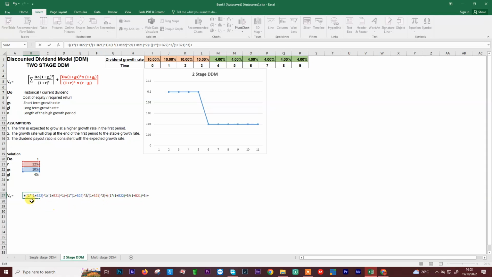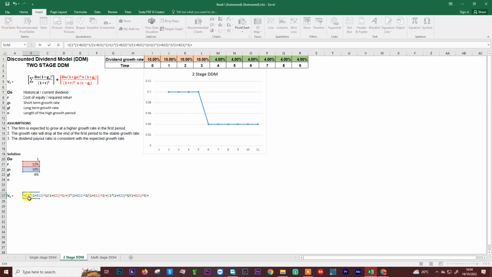I perhaps need to first of all check D naught times 1 plus GS power 1 over 1 plus R power 1, like that. So this one needs to be closed by 2. Needs to be closed by 2. So that one like that. Over 1 plus this one power 1, yes.